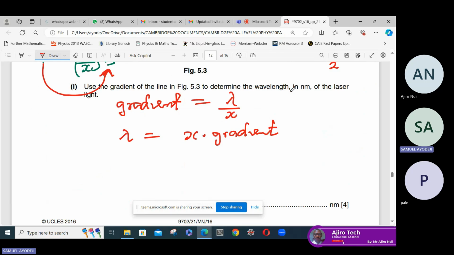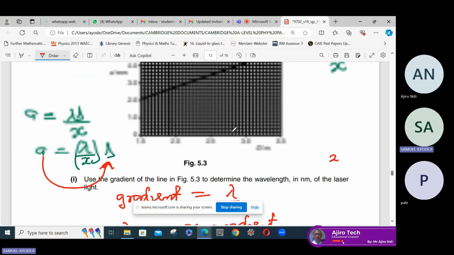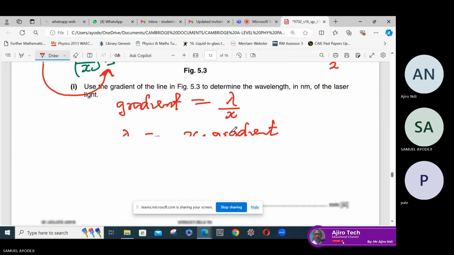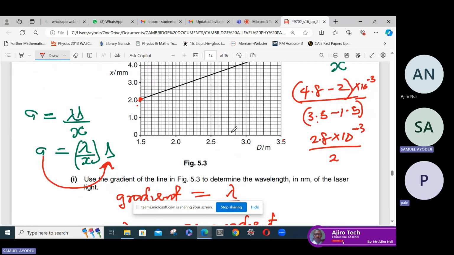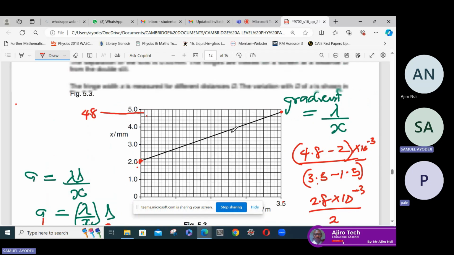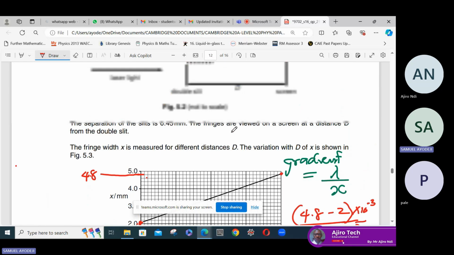So we now have lambda. What am I looking for? The gradient. No, let me see something.